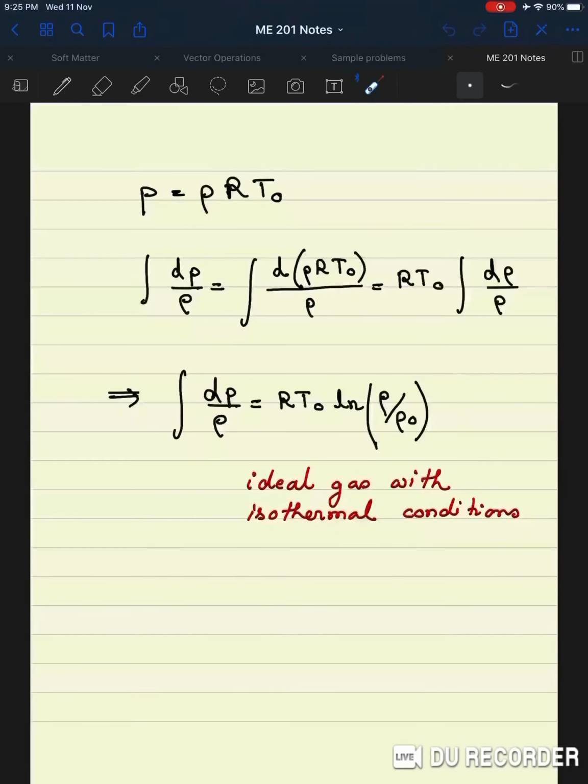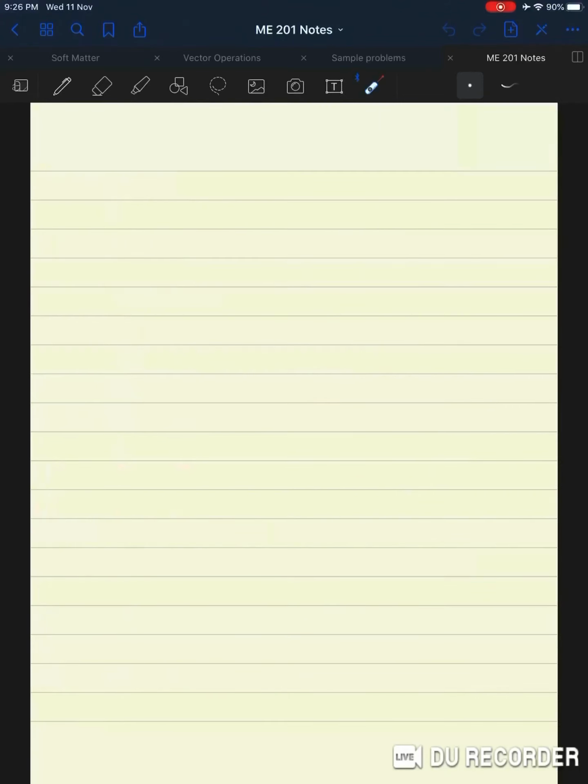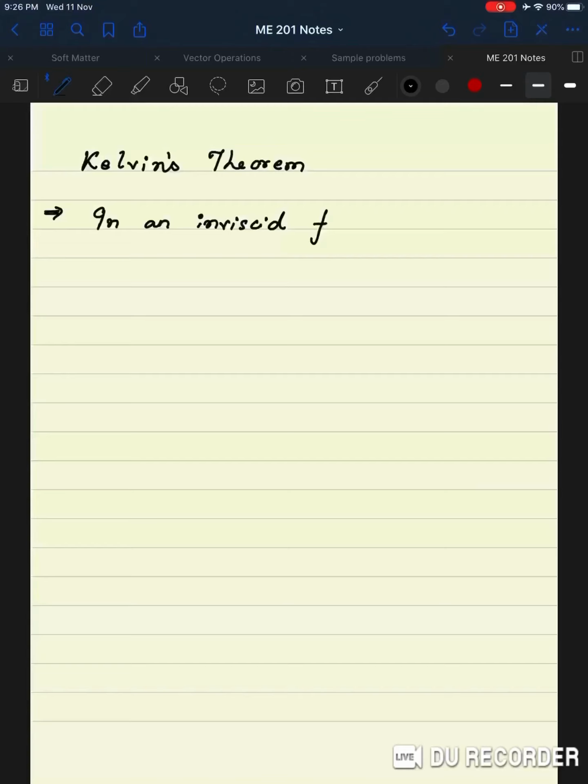So now we are left with one another very important issue in vorticity dynamics, and that is the theorem of Kelvin, Kelvin's theorem. Okay. And it states basically that in an inviscid flow of a fluid, which means obviously that we are going to use Euler's equations.